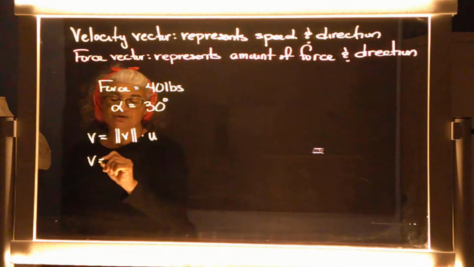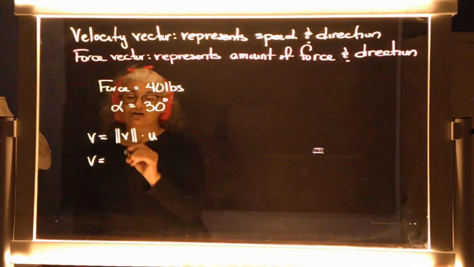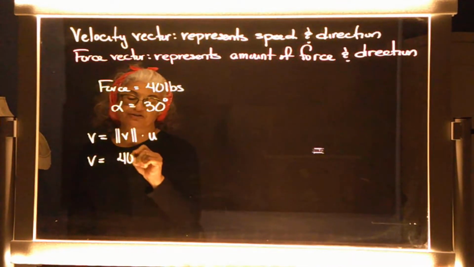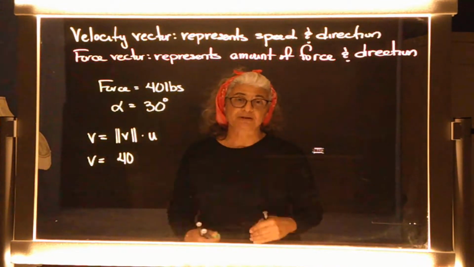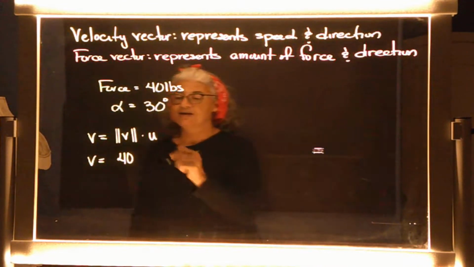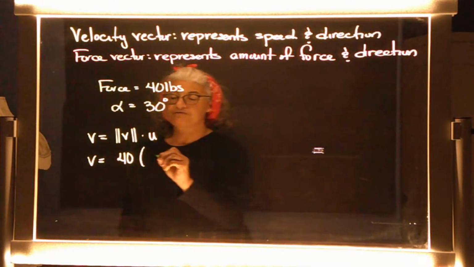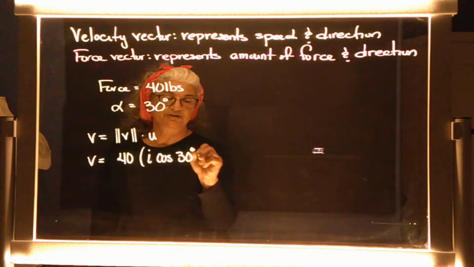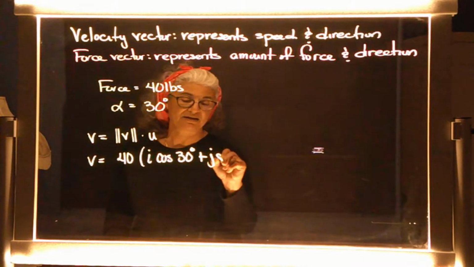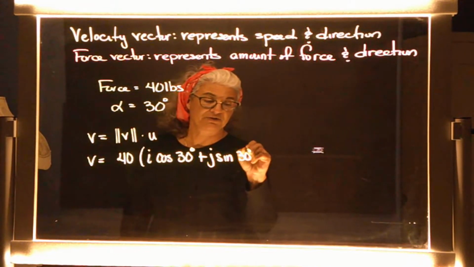When I'm finding this vector, I already know the magnitude. I know it's 40, because the amount of force took the place of the magnitude. And I'm going to multiply by the unit vector, so that's i cosine of 30 degrees plus j sine of 30 degrees.